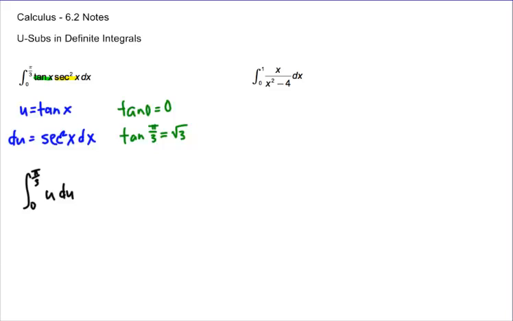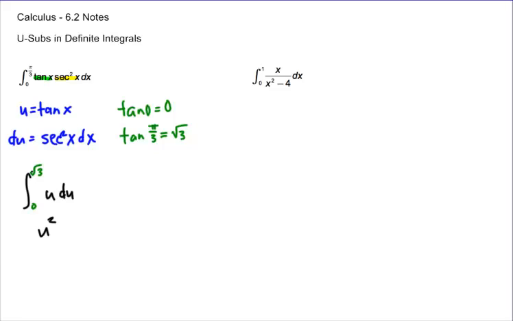And so when I let my u equal the tangent and then substitute in my limits of integration, I can change my upper and lower limits to match my new substitution. So instead of going from 0 to pi over 3, I'm going to go from 0 to the square root of 3. And now when I find the antiderivative of this, I don't have to substitute back. It's already been done.